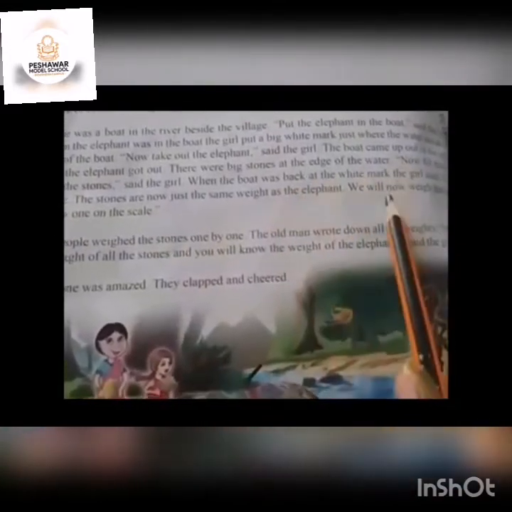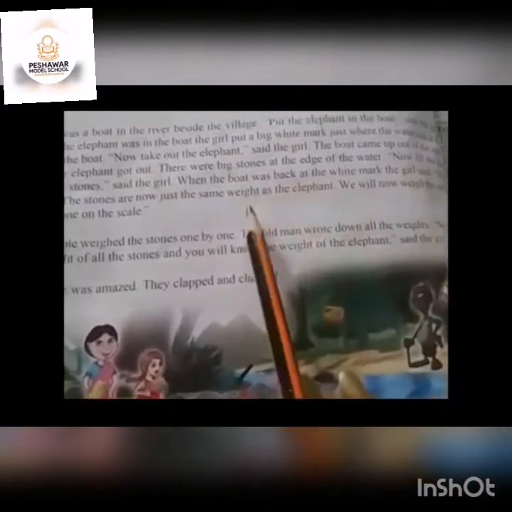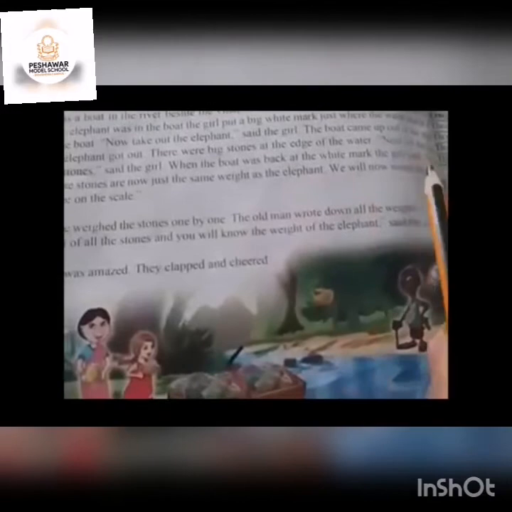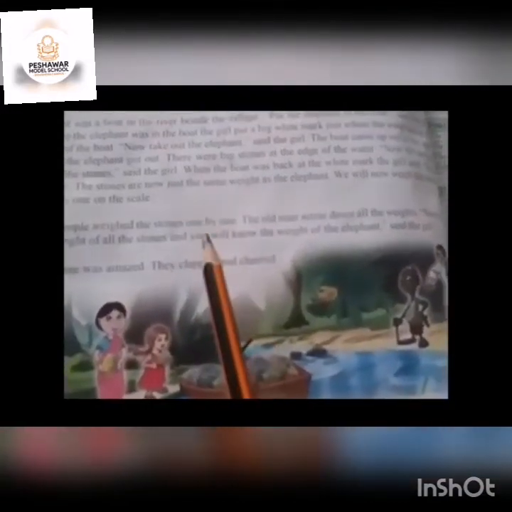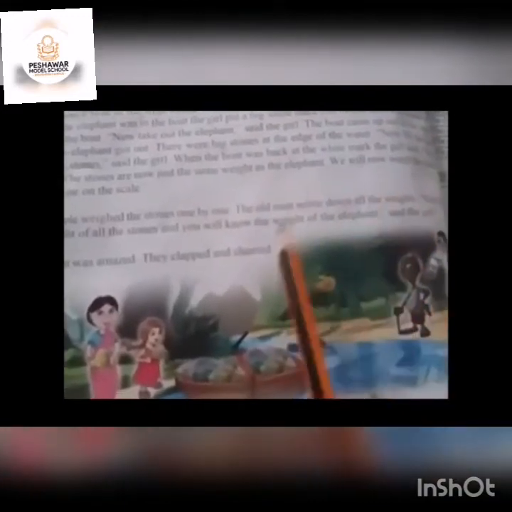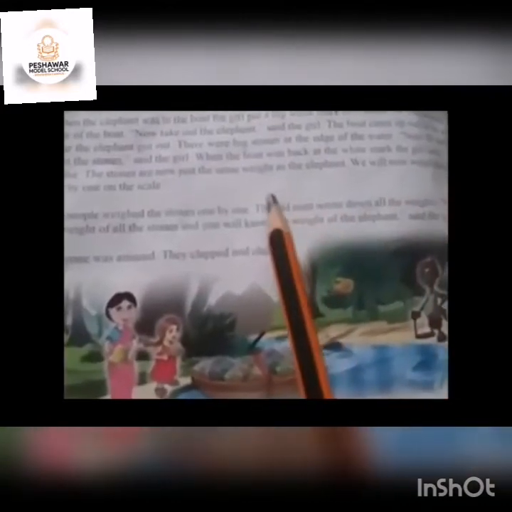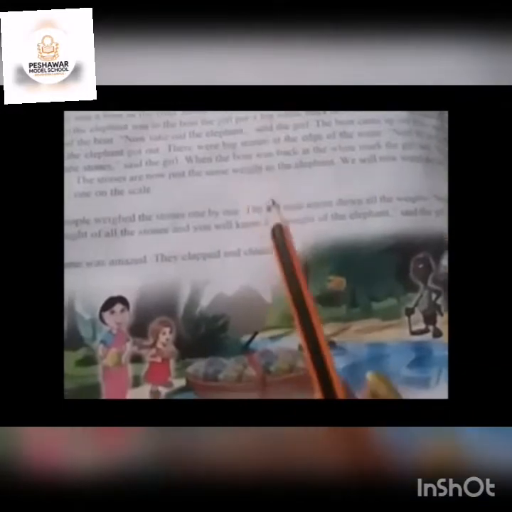And when they stopped, they took out all the stones that were in the boat and weighed them on the scale one by one. Then they added up all the weights of the stones, and that way they came to know the exact weight of the elephant. So they measured the elephant without any scale, through the idea of the little girl.